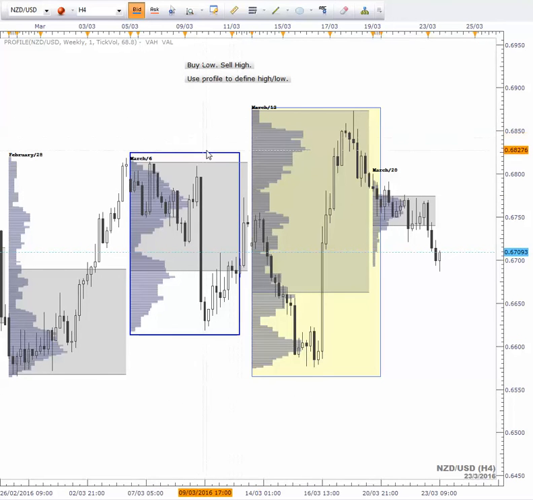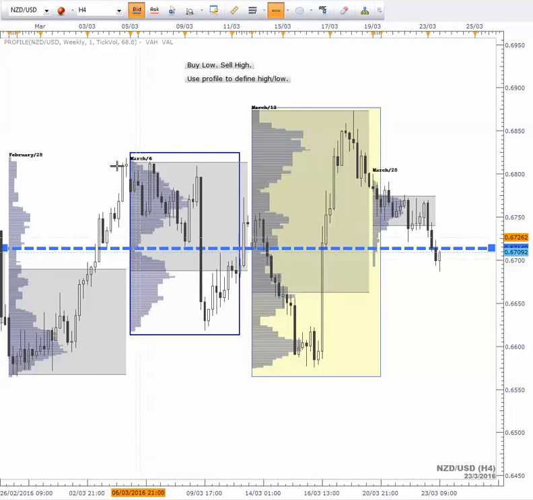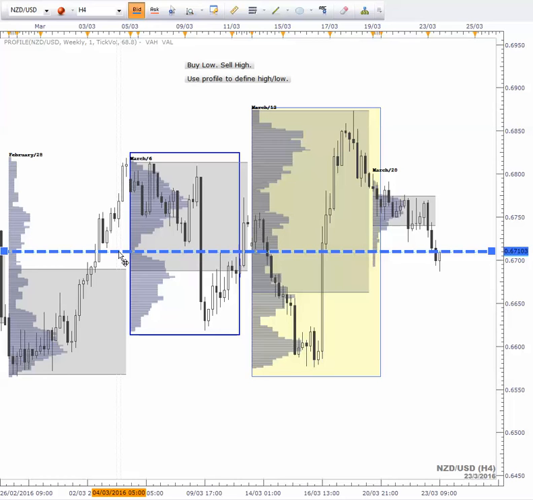So looking at this blue rectangle at the close of the week for this trading week here, I will see a low volume profile, a low volume node right here. Above it, we've got a bell-shaped distribution. Below it, we have another bell-shaped distribution.